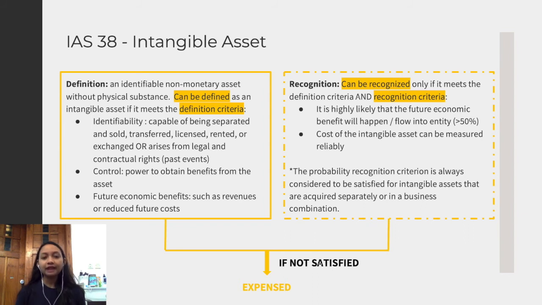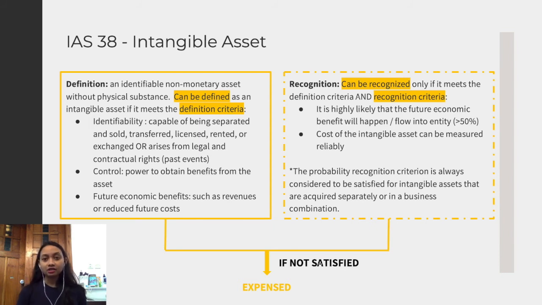And next, there must be control, or the entity has power to obtain benefits from the asset. And next is future economic benefit, which means that the entity expects revenue or reduced future costs from having the asset. And also, the company can only recognize the asset as intangible asset if it meets the definition criteria and also the recognition criteria.